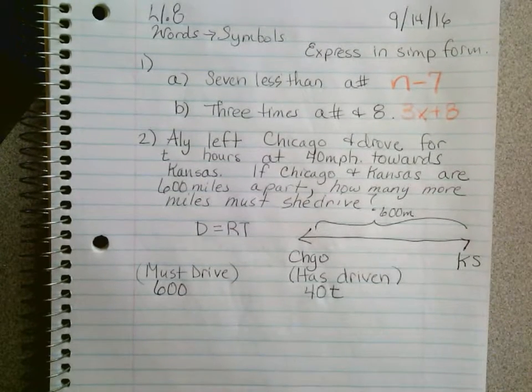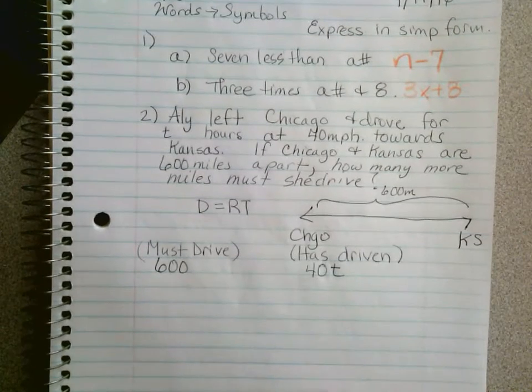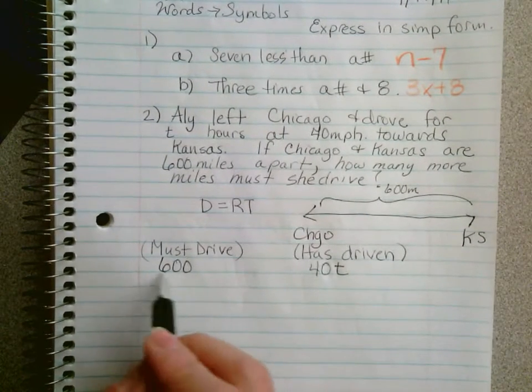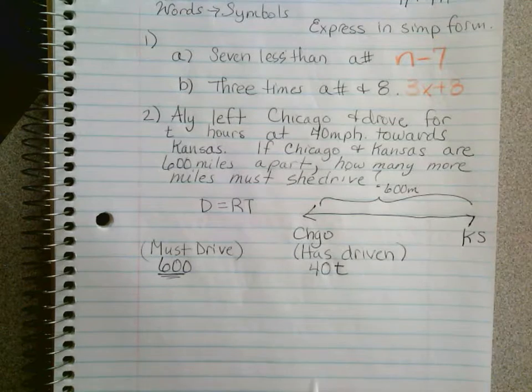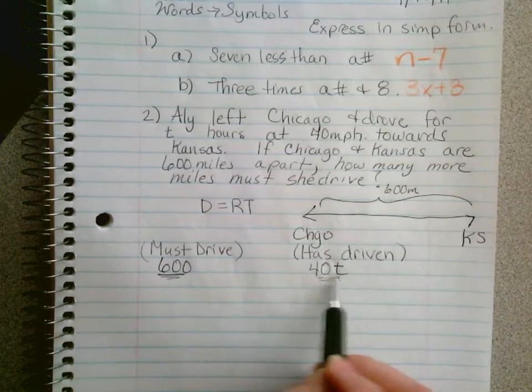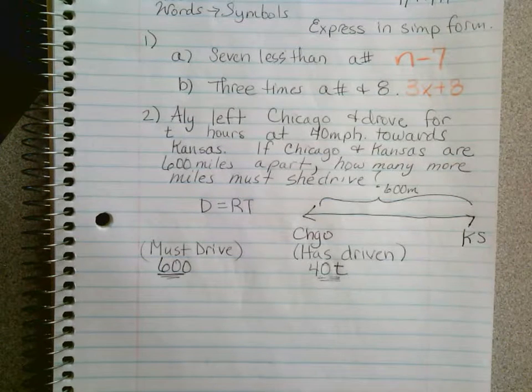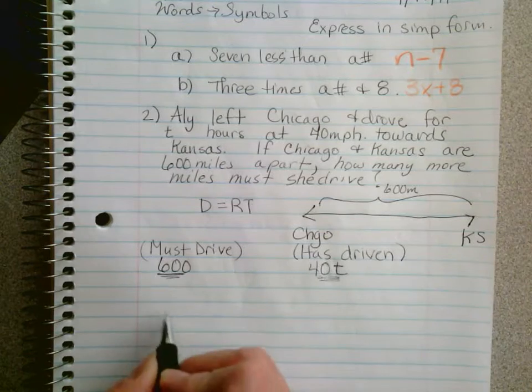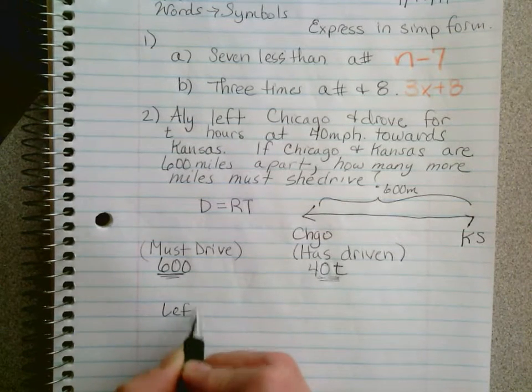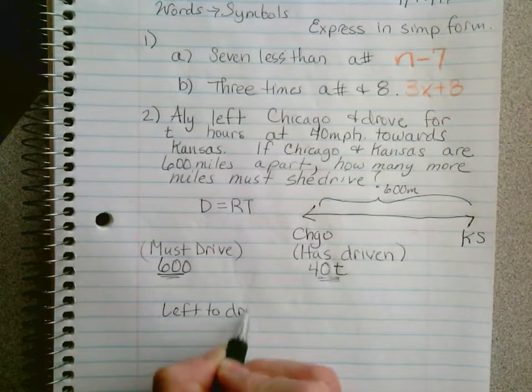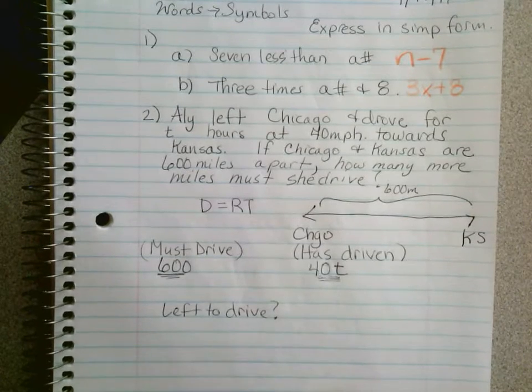How much does she have left to drive? Using that, which was what she has to drive, and this, what she has already driven, how can we create some sort of a simple phrase to equate with left to drive? Anybody have any ideas?